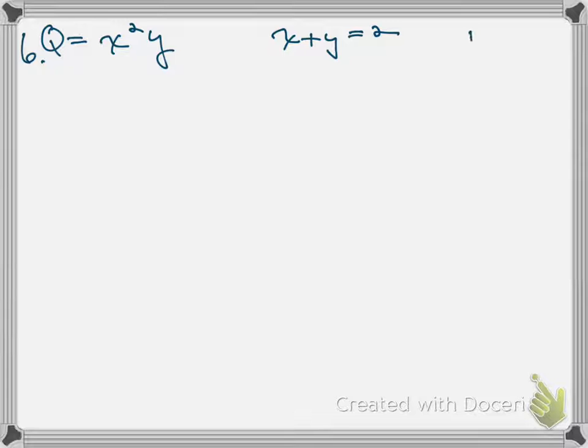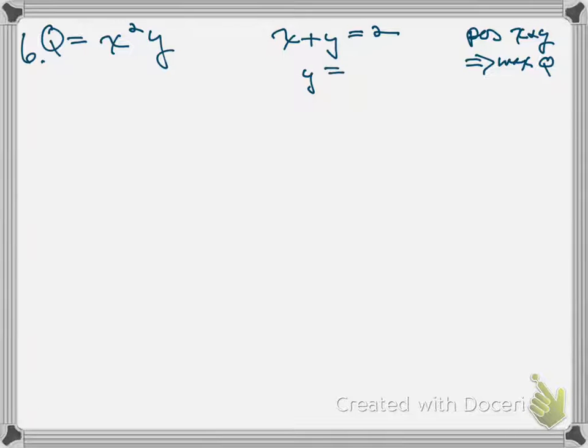Now they want positive x and y that lead to a max of Q. So the question is just to find the x and y, and they have to be positive.